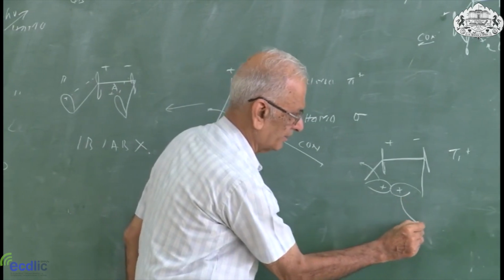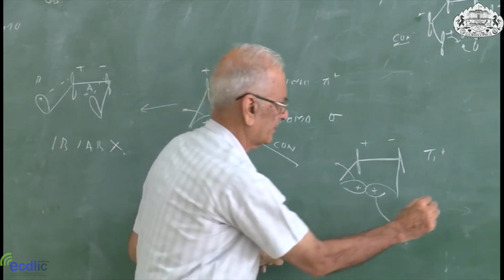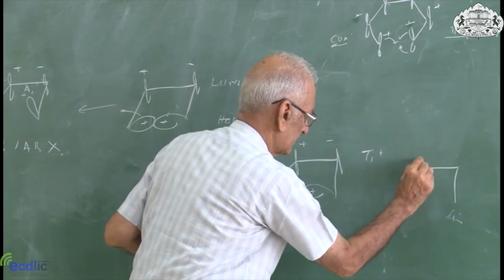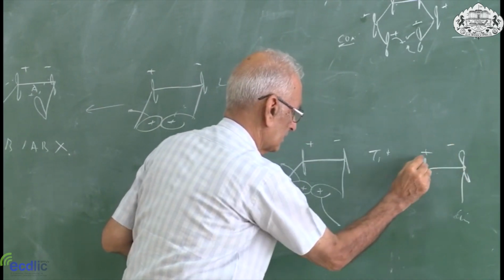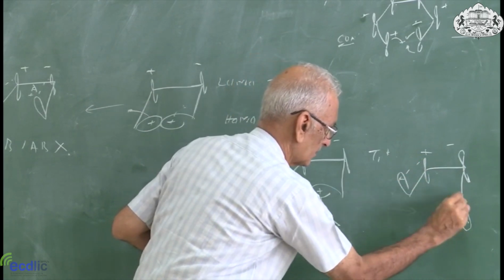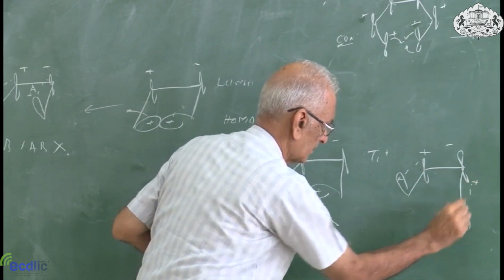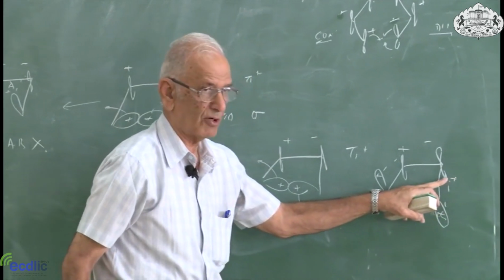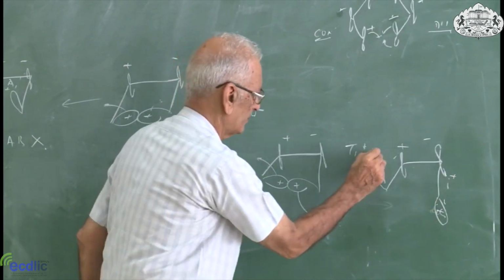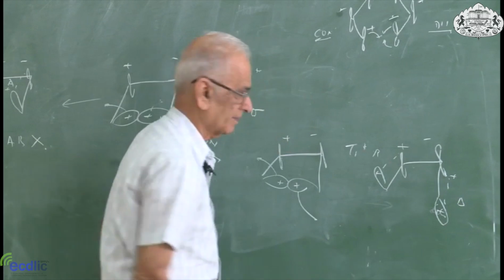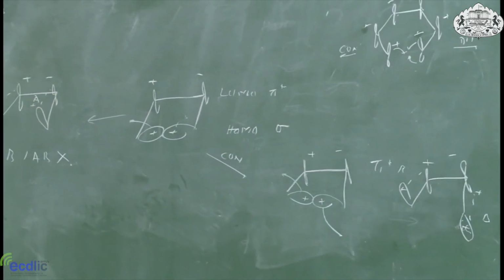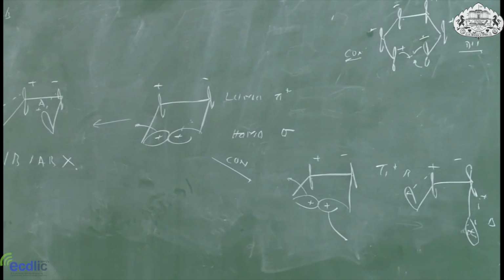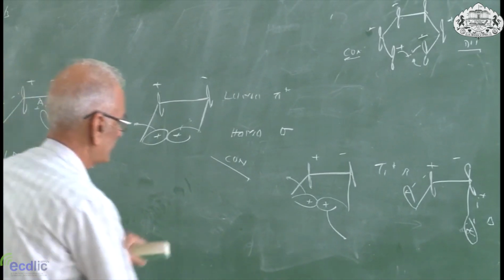This is going clockwise. This is plus, this orbital is plus. So, conrotatory process gives me two bonding. Therefore, it is allowed.